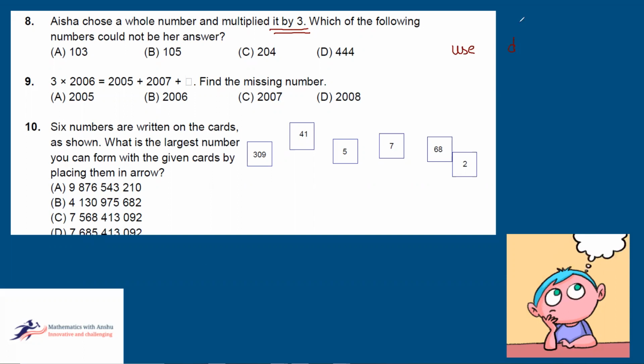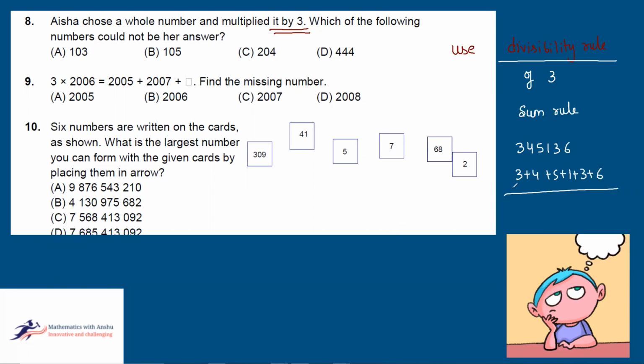The divisibility rule of 3 says the sum rule. In school we have been learning like 3, 4, 5, 1, 3, 6, so 3 plus 4 plus 5 plus 1 plus 3 plus 6. But this is not a very smart method of finding divisibility, and this is a very long method.